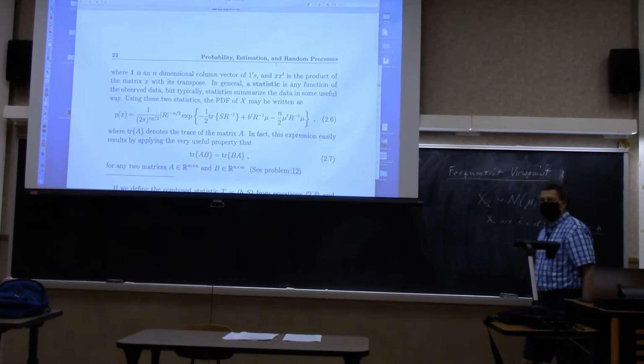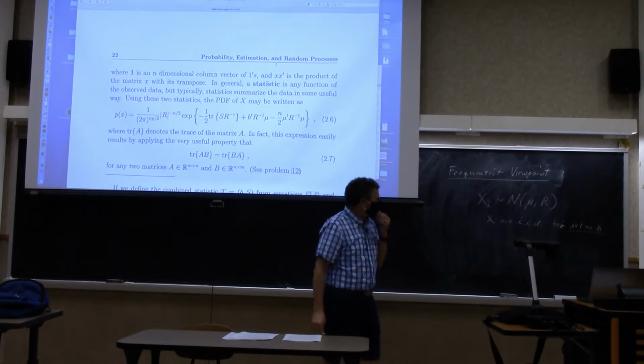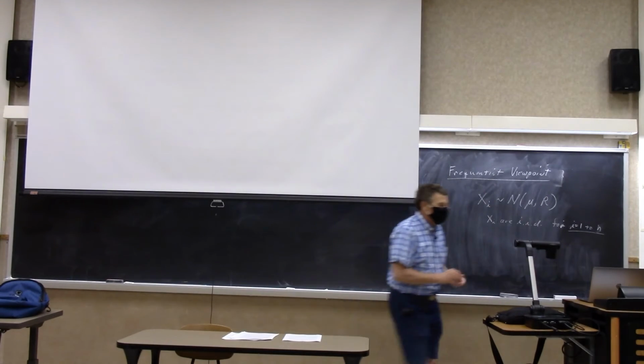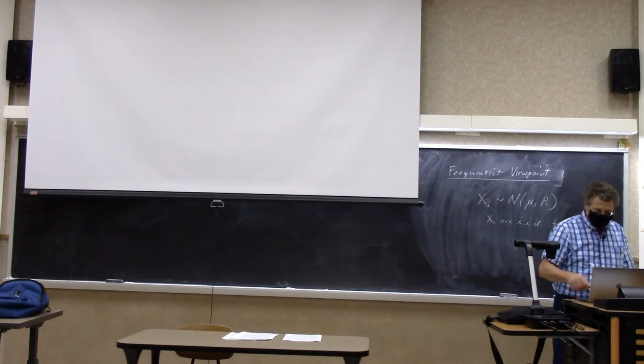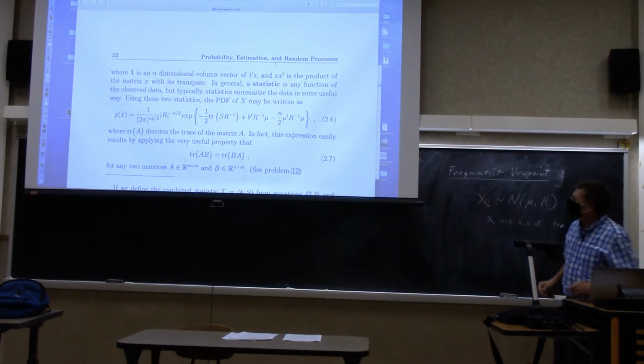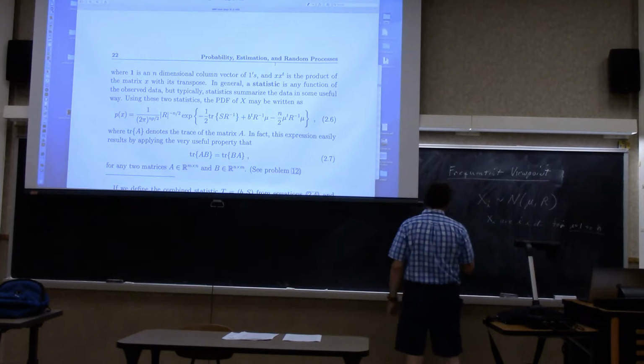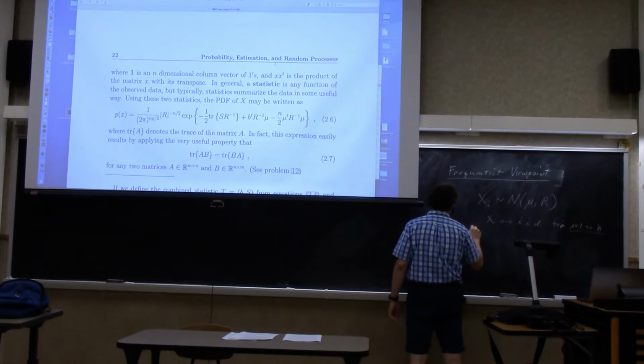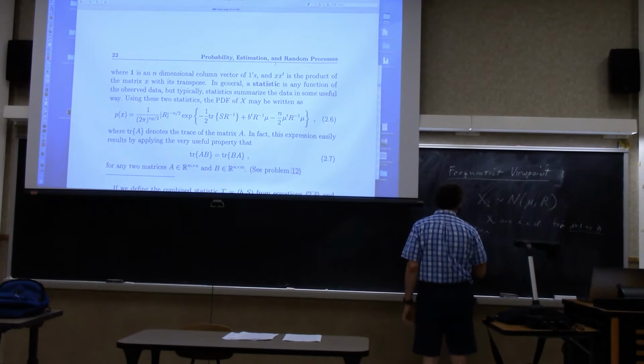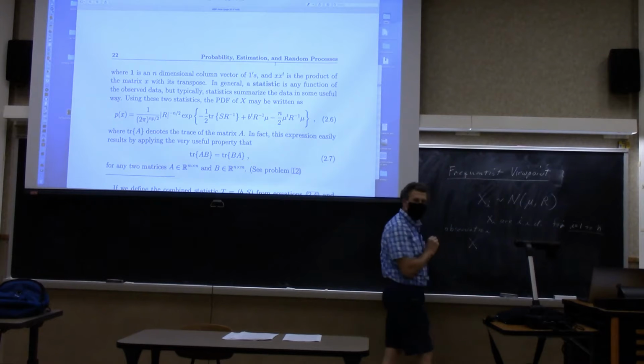I want to try to stay consistent with the notation so it doesn't confuse you. So, okay, fine. So now, hold on. Okay, so your observation X, the observation is X, okay?